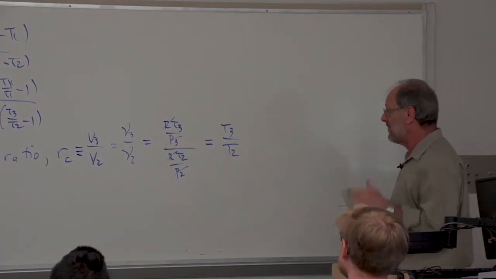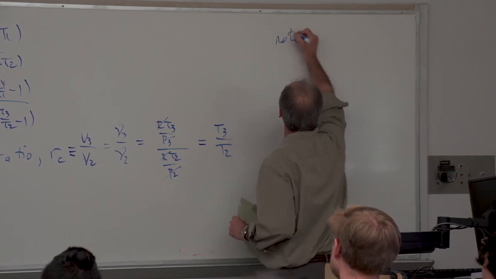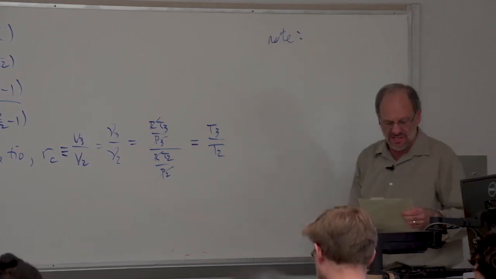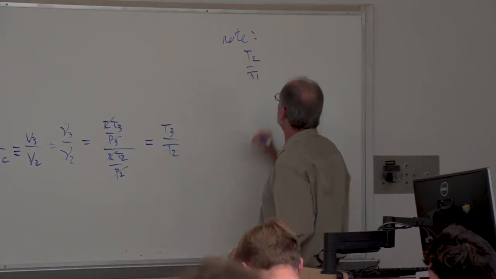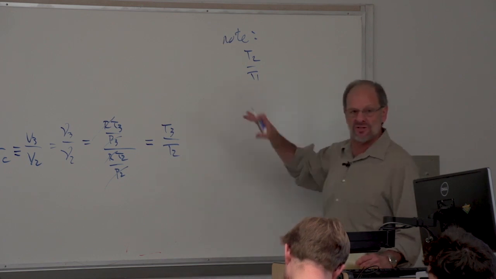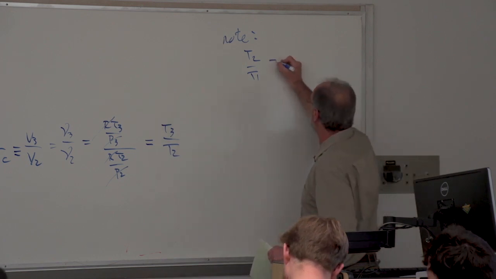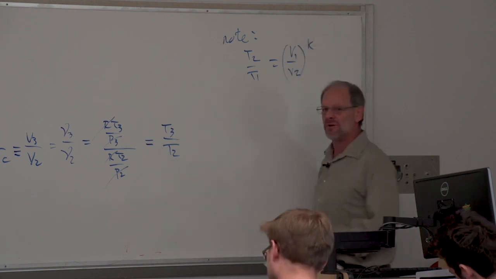Next, let's look at the following, and I'll just call these notes because frankly this is something we've already seen. We know that we have an isentropic compression process from 1 to 2, so we know that the temperature ratio is equal to the inverse volume ratio, in other words V1 over V2 raised to the k power.